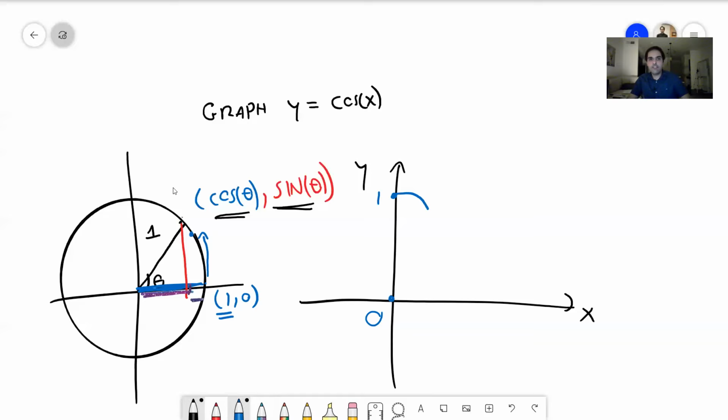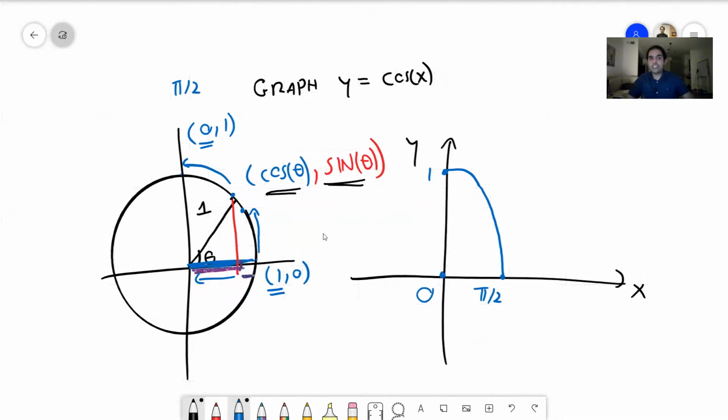But then, if you're here, for instance, and you go up, the angle doesn't increase much, but the x-coordinate decreases by a lot. So you go down a little bit, and suddenly you go down very fast, up until you reach this point, which is at an angle of pi over 2. And what is that point? It's the point (0, 1), where the x-coordinate is 0.